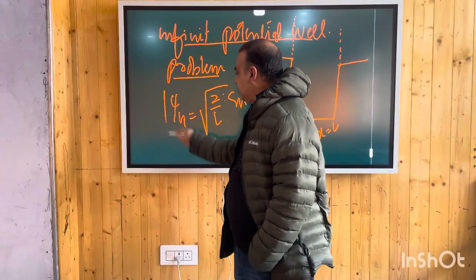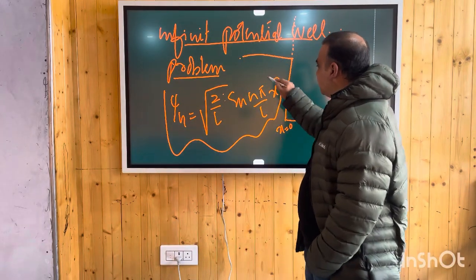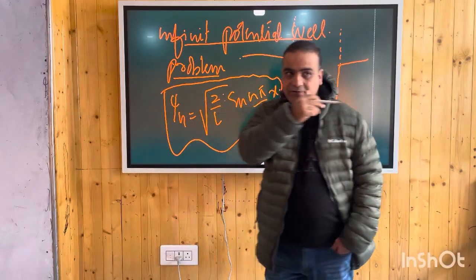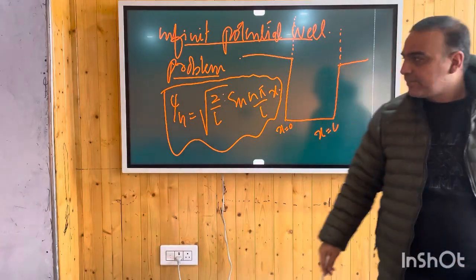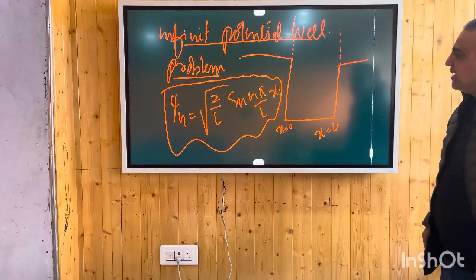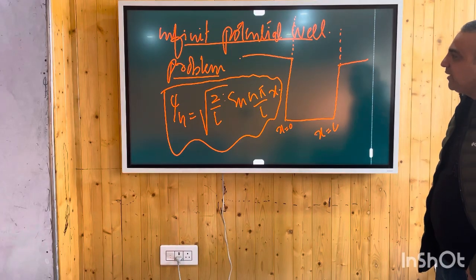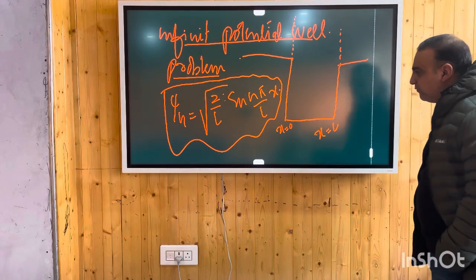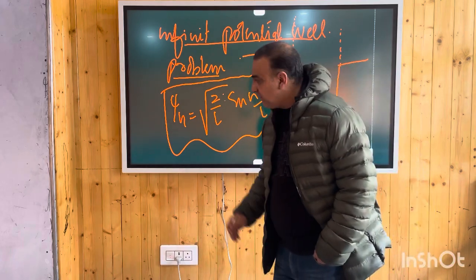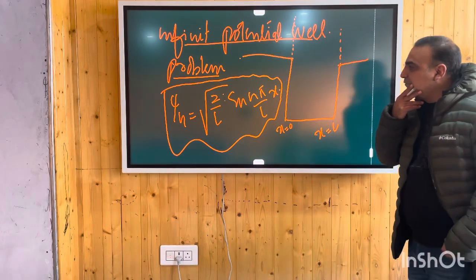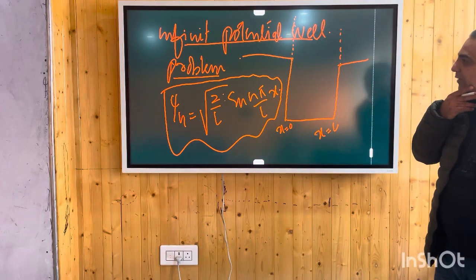This is the general eigenfunction that we obtained yesterday. And we would like to calculate the energy as well. But before going into the energy, there are some important things that we would like to talk about.